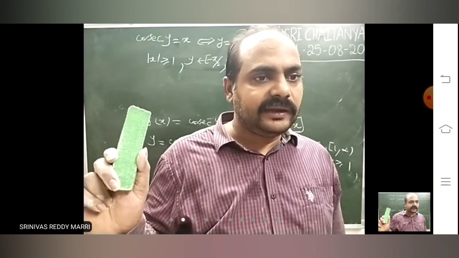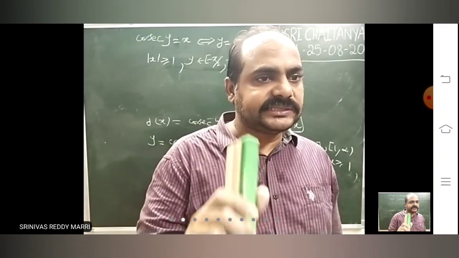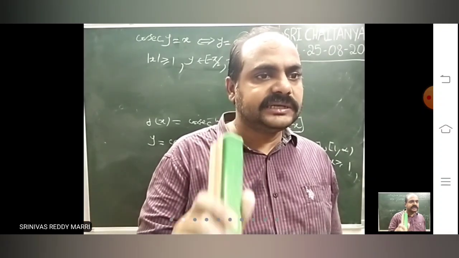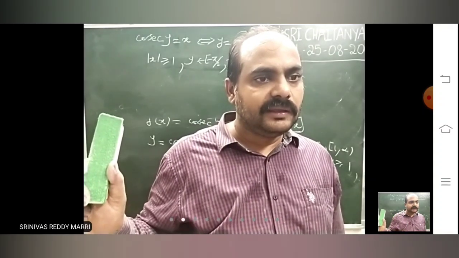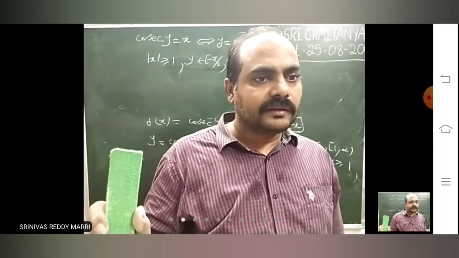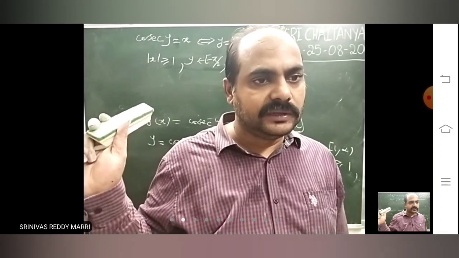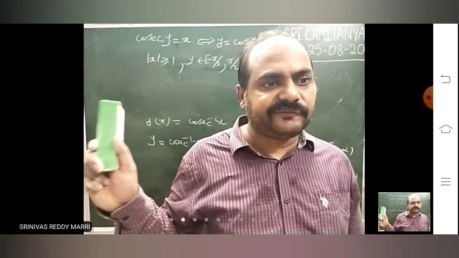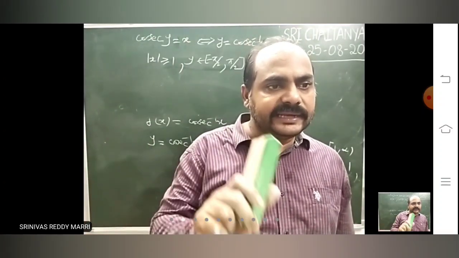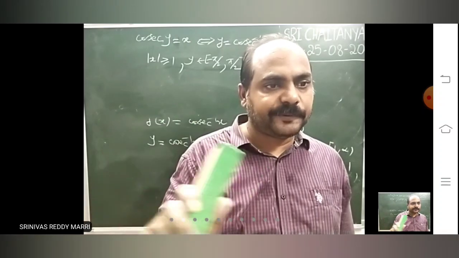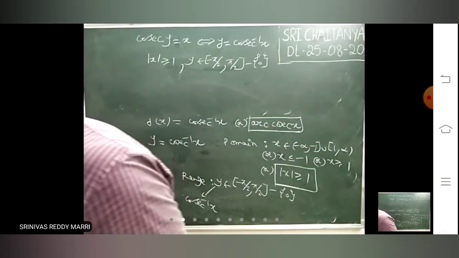Cosecant inverse x: the domain rule is modulus x greater than or equal to 1. Range is closed minus pi by 2 comma pi by 2 minus 0. So these are the 6 inverse trigonometric functions, with their domains and ranges. Next we will see the properties.